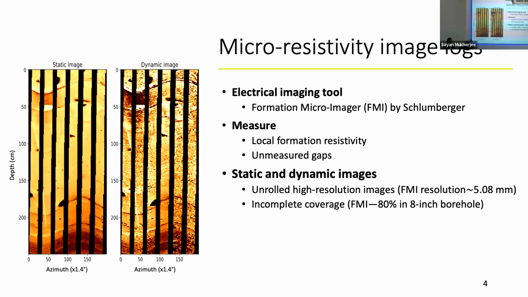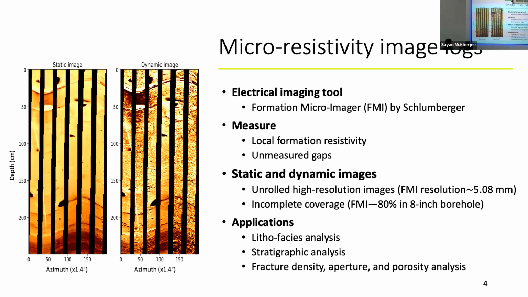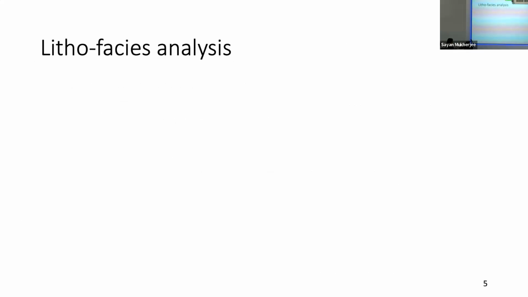They are interpreted as low-angle beddings intersecting the well wall. These image logs are very useful for reservoir characterization, and they are widely used in the analysis of lithofacies, stratigraphy, and fracture networks. So in this study, we focus on lithofacies analysis from the micro-resistivity image logs.